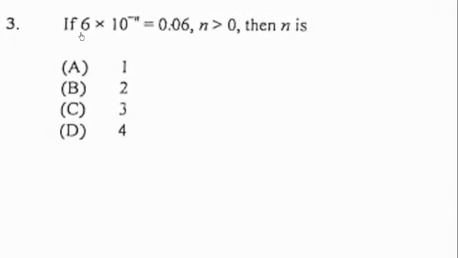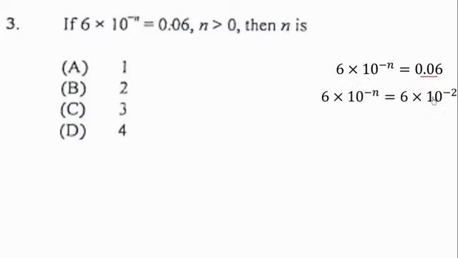Now let us check for the next one. If 6 times 10 exponent negative n is equal to 0.06, where n is greater than 0, then n is. So we have this. Our problem lies here, so we just rewrite this to look like this. That is, write it in standard form.